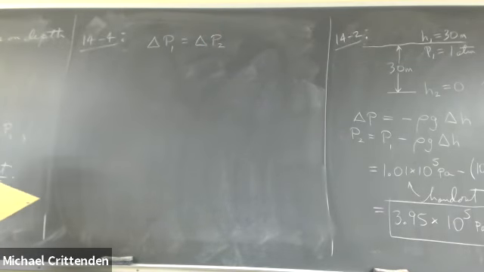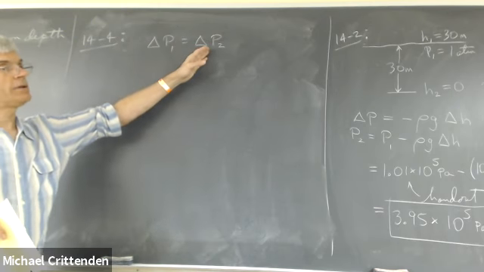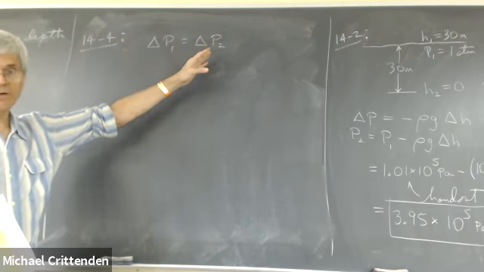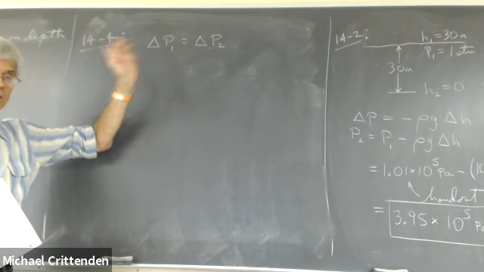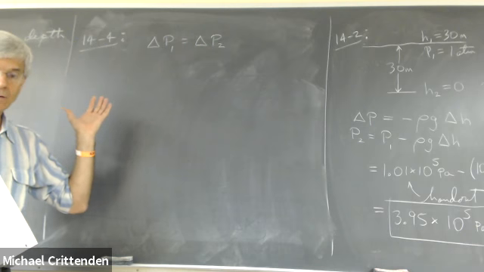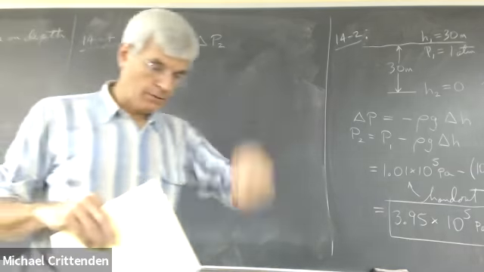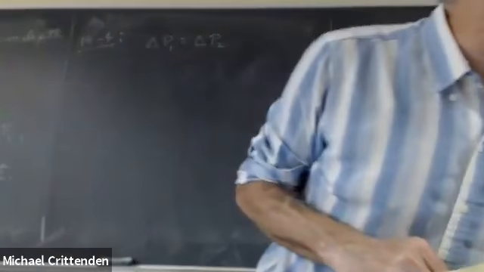Pascal's principle: the additional pressure on the one piston equals the additional pressure on the other piston. I called it delta P because, before anybody started pushing on anything, you already had atmospheric pressure. And then you push on it and that creates additional pressure.